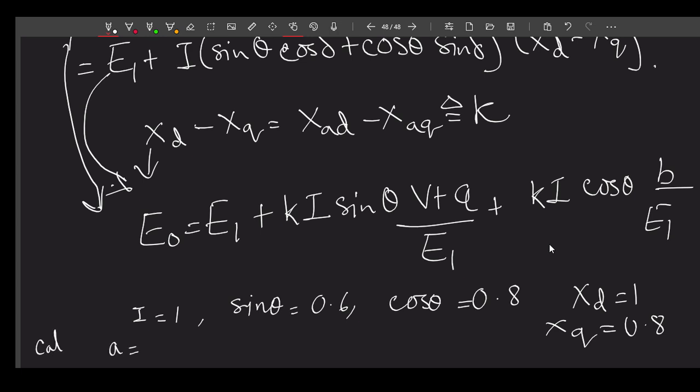Let me write it, otherwise you will get confused. Calculated value I am writing using red, and you can see that equation from where it's coming.